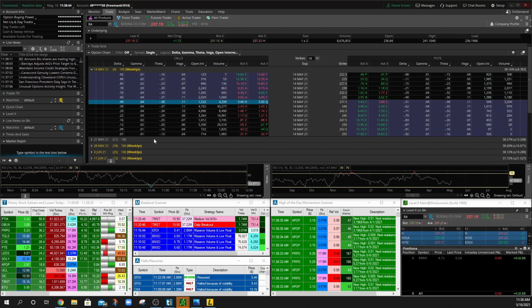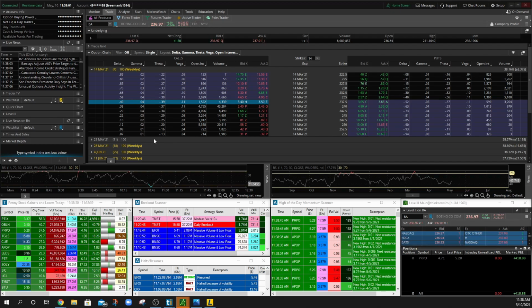So if Boeing comes down 50 cents and we're stopped out, how much would we probably lose on that option? I'm waiting for someone to give me an answer, someone that's listening, someone that's paying attention. Simple math here, guys. If Boeing goes up $1 from our entry, we're making $50 a contract. If Boeing goes down $1 from our entry, we're losing $50 a contract because the delta is per dollar move.